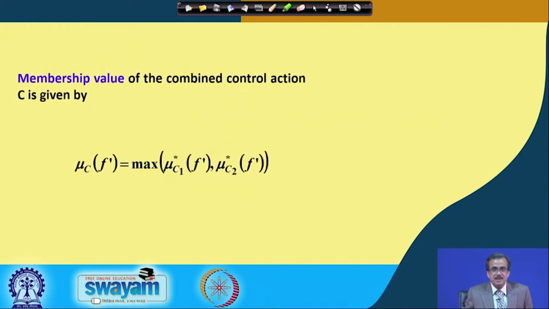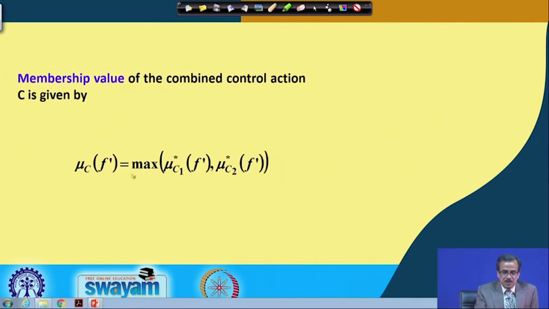And once you have got the firing strength of the fired rules, now we are going for combining. So, we try to find out the combined control action considering both the fired rules, and as we have already discussed, we take the help of the max operator and that is nothing but the OR operator.